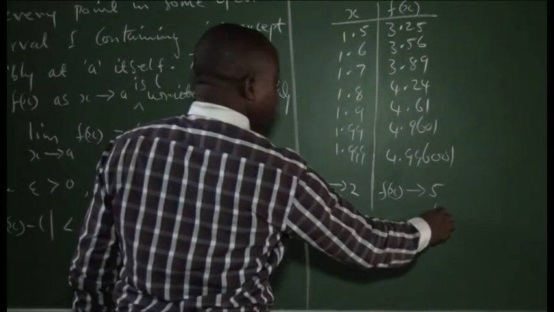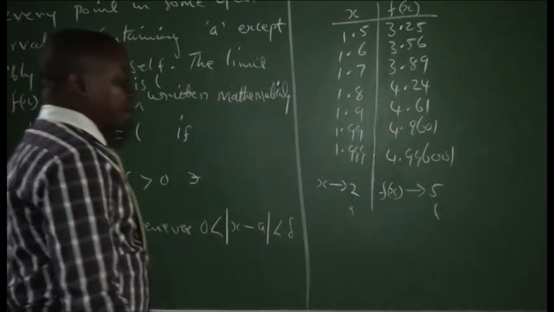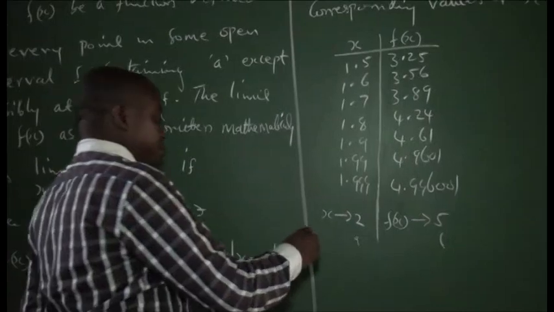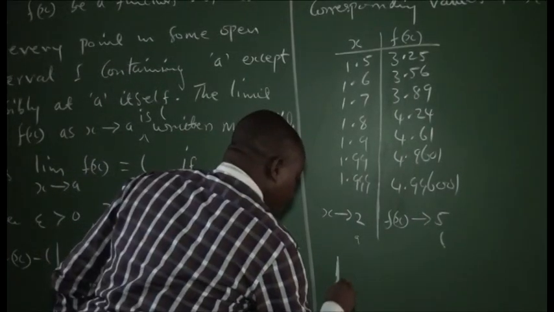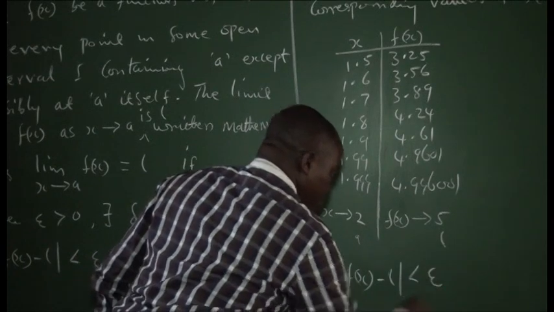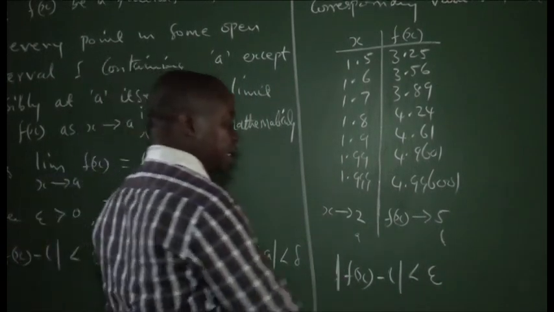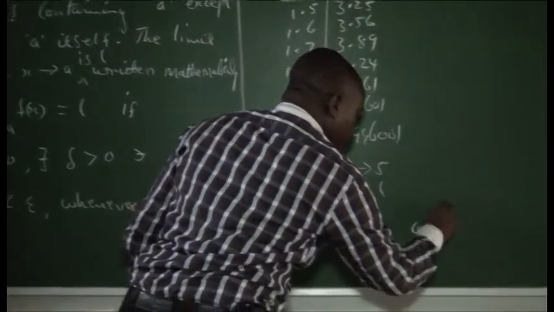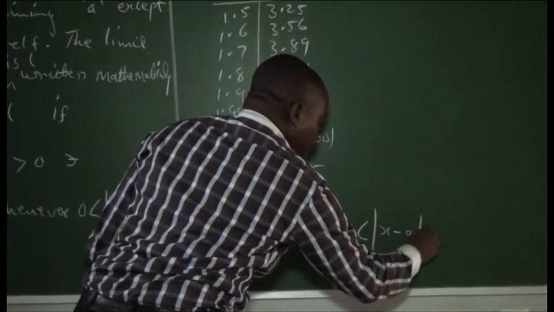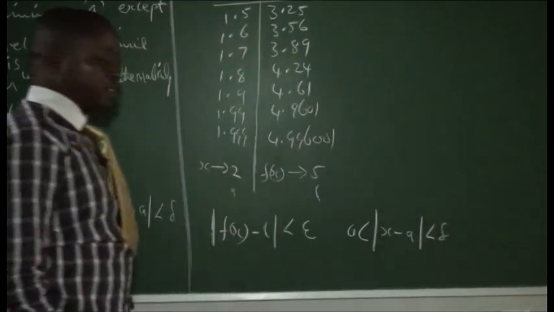So this 5 is L, that is the limit. Now we want to look at absolute value of f of x minus L less than epsilon. What does it mean? And the other one is 0 less than absolute value of x minus a less than delta. What does it also mean?